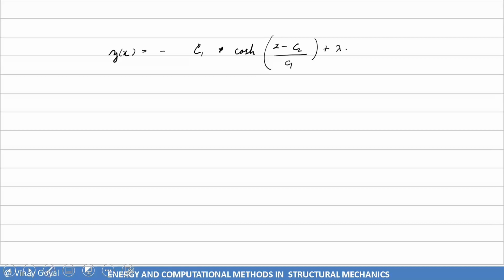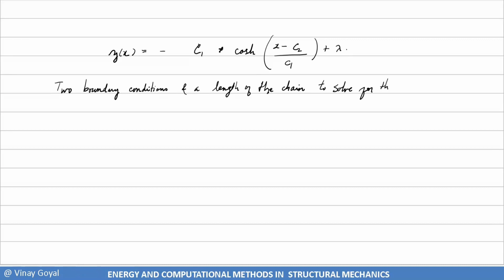You have two boundary conditions and the Lagrange constraint, the length of the chain, which can be used to solve for the shape y(x) fully. So that's how you approach that problem.